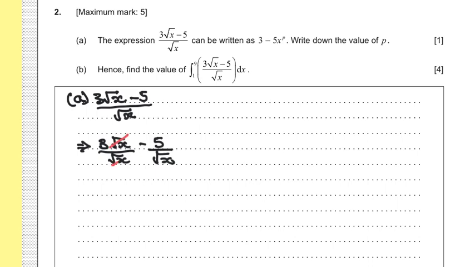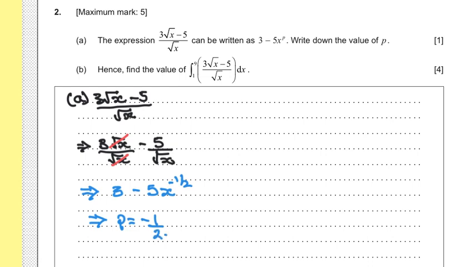The root x's cancel, and I can bring the other root x up to the top. Therefore, I get 3 minus 5x to the minus a half. Therefore, p is equal to minus a half.